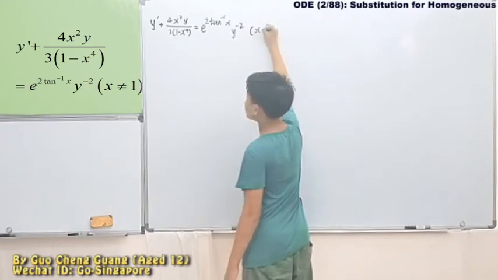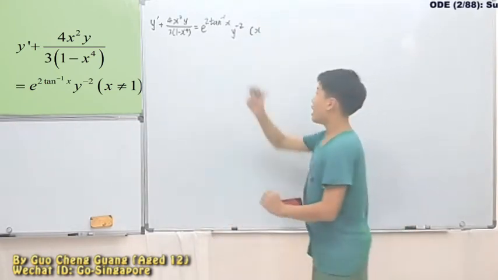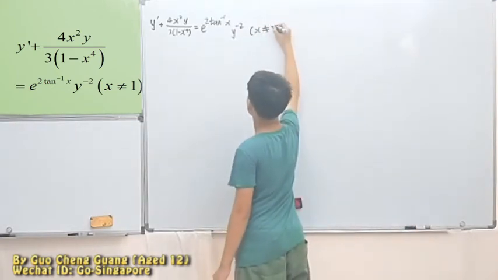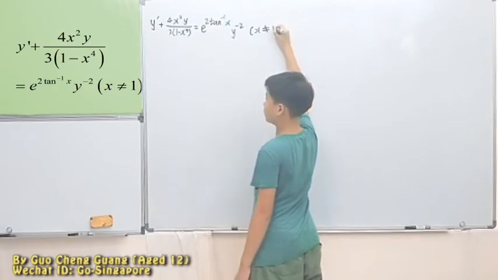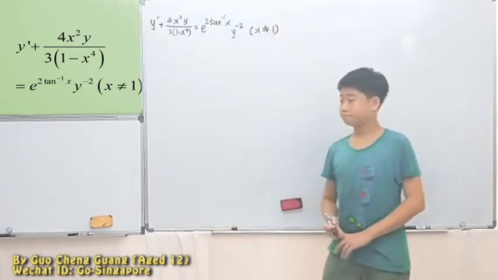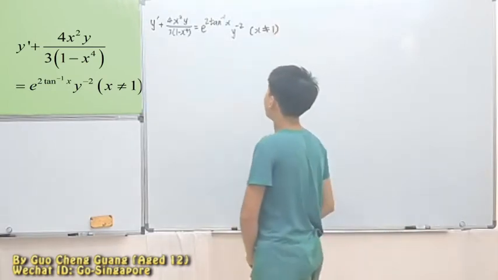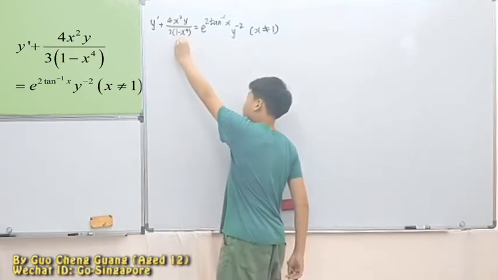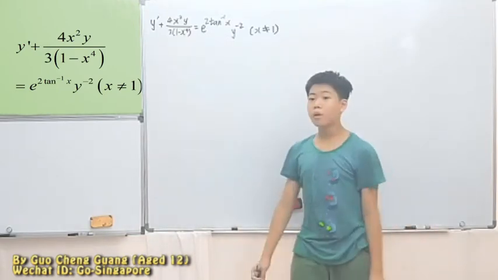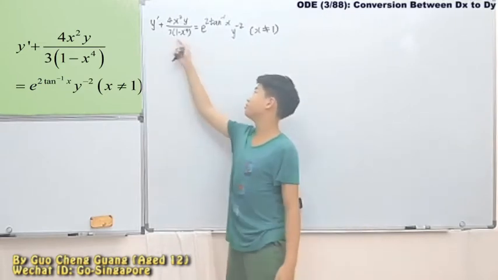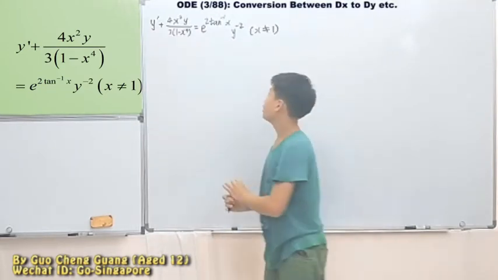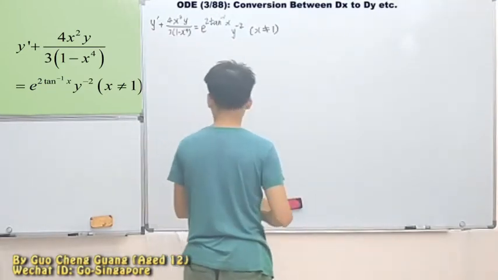And over here, one condition for x: x cannot be 1. Because if it is equal to 1, then the denominator will be 0, then this whole thing is infinity. So we don't want that kind of case.